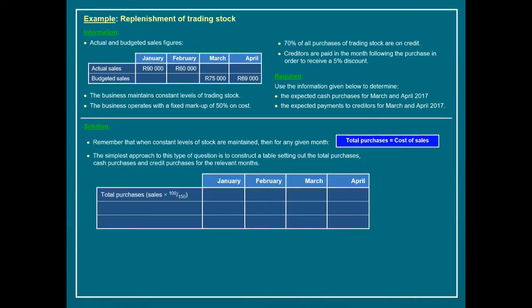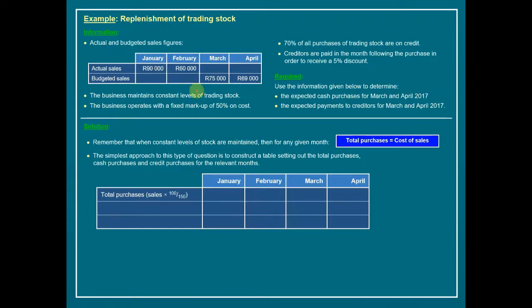The total purchases is the cost price of what we sold during that month, because we are replacing the stock. Originally we would purchase the stock that we sell at cost price. So that's why we need to calculate the cost price.